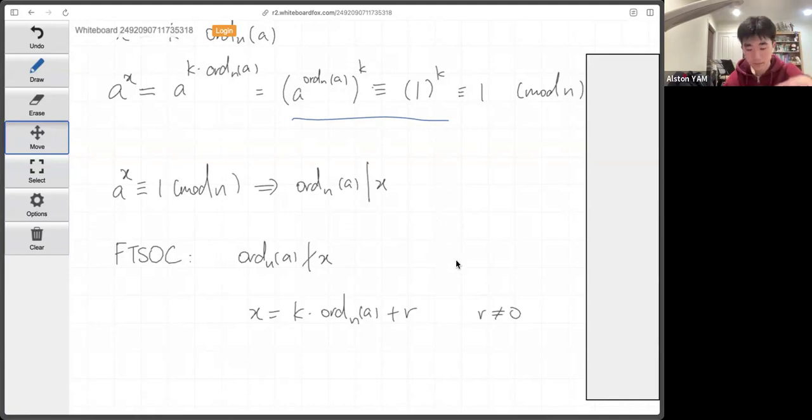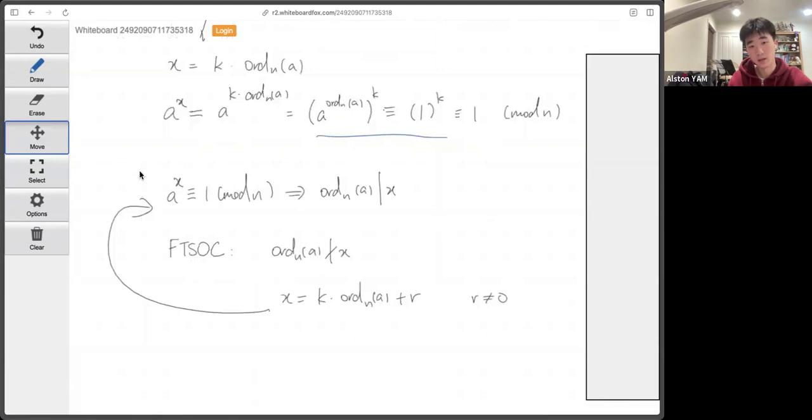So now let's sub it back into this equation here, because we have the most information here. We have A to the x, and that is equal to A to the k times the order of A plus r.